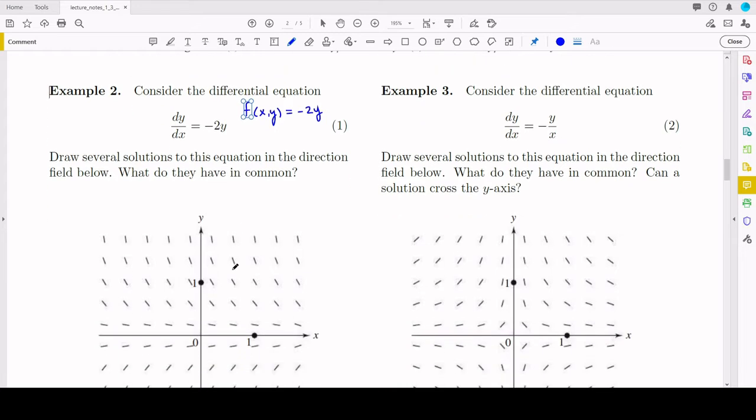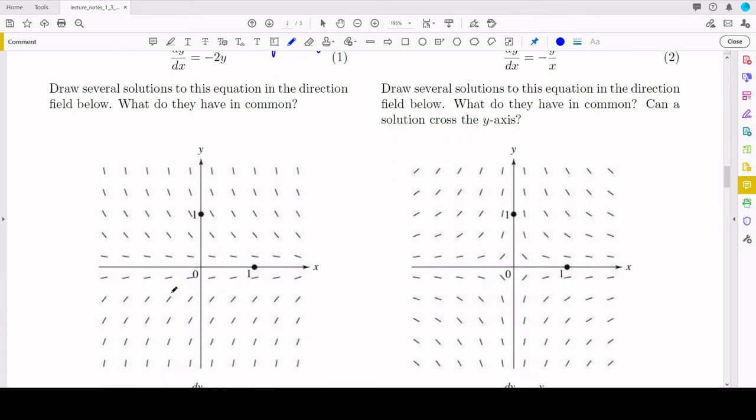And you can see that in the direction field here. So all these points with the same y coordinate have the same slope for their direction marker. And similarly here, you see it doesn't matter what my x is. If my y is constant, then all these slopes are constant.